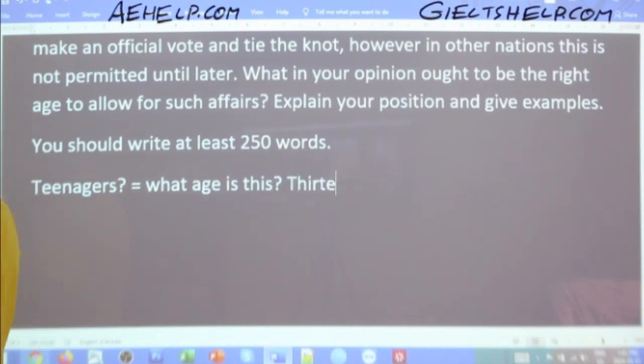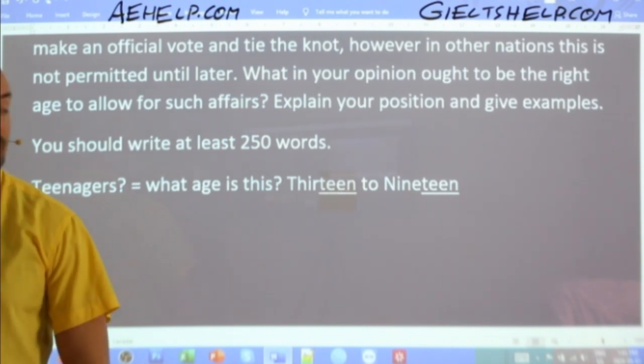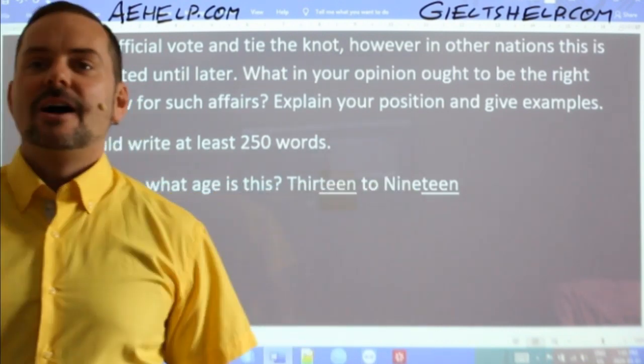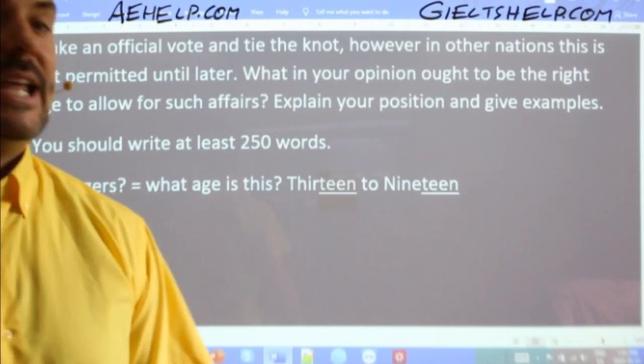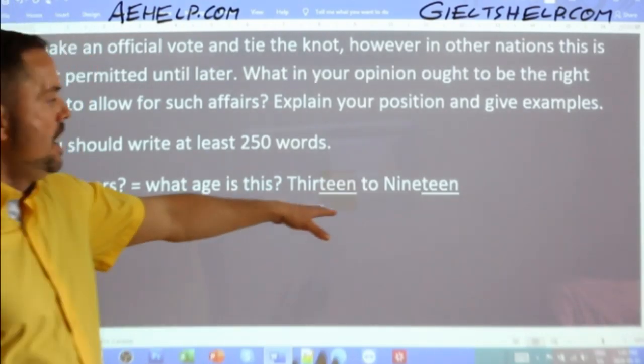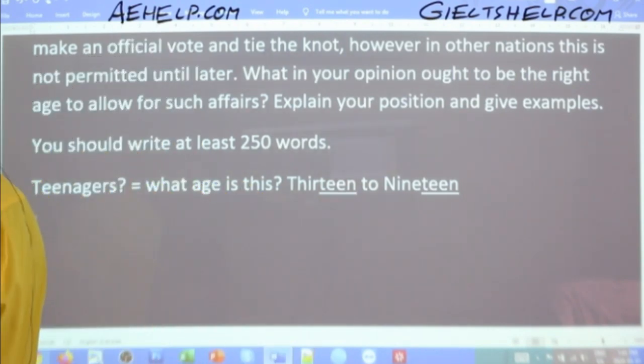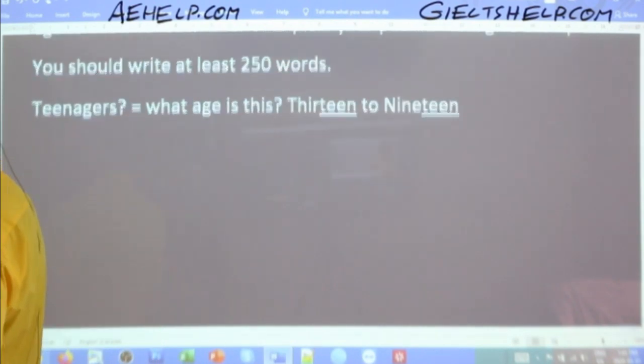So 13 to 19, because you have the teen, right? Yeah, so 13, 14, 15, all the way to 19. Those are the teenage years. What is another way to say that? So here, we're talking about the topic, right?